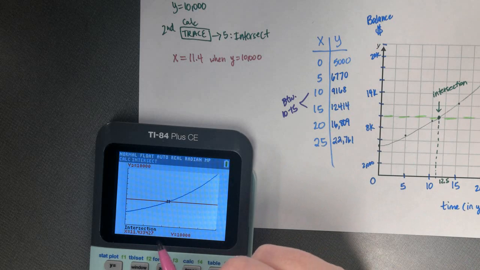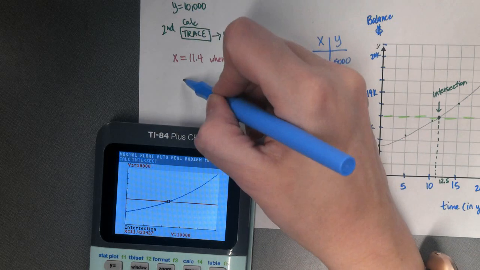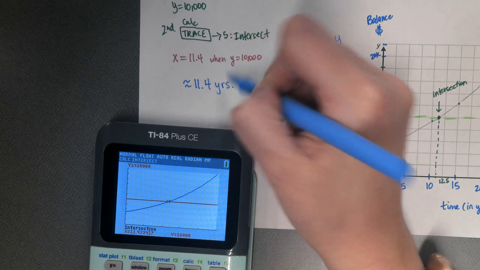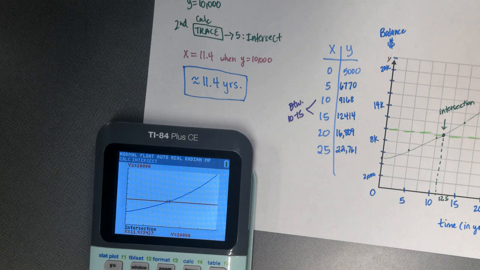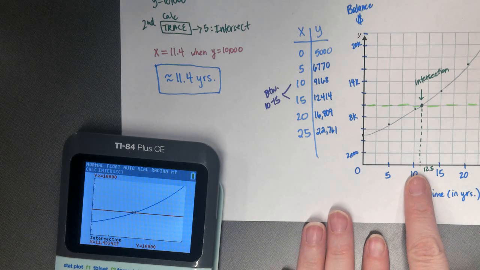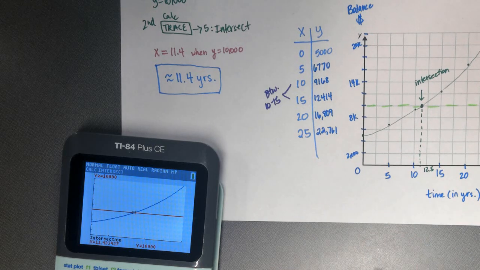Okay, so that means about how many years will it take her investment to be worth 10,000, and we're gonna use the 11.4 years. We're gonna use the decimal from our calculator. Now that makes me happy because on mine I was close to the 11.4.